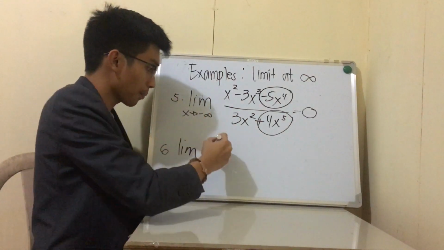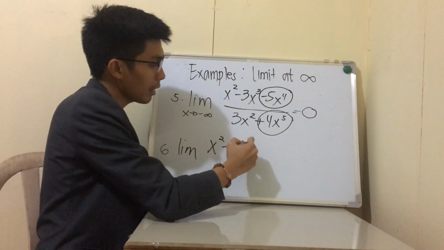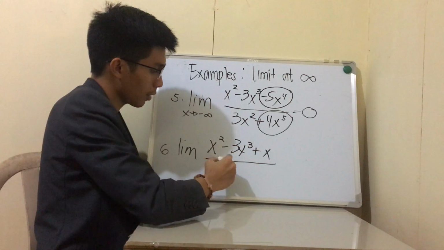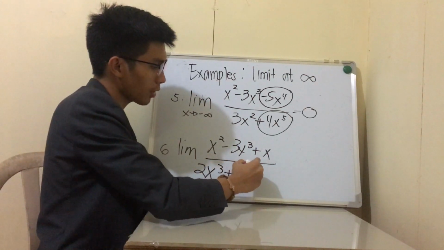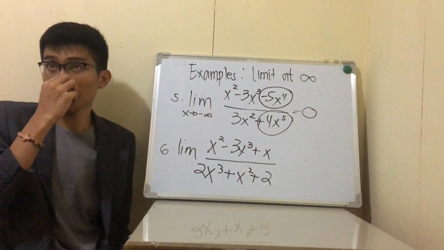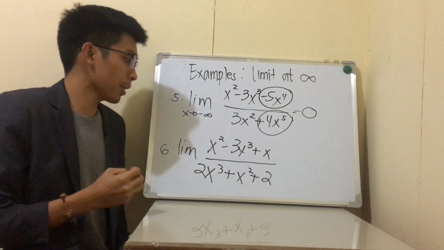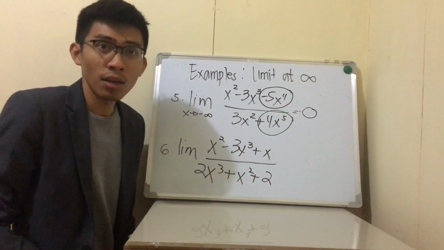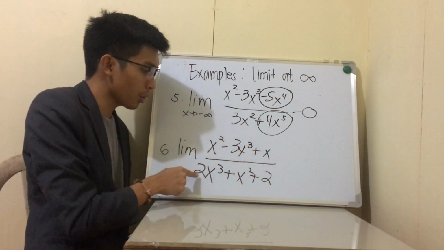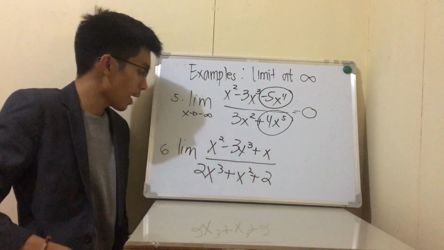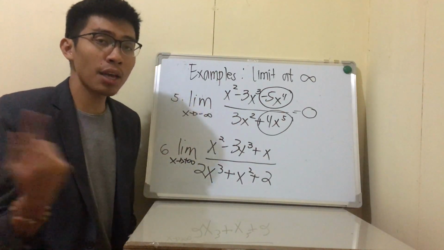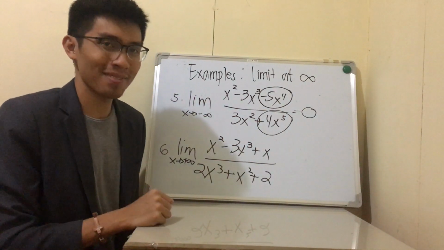The limit of (x squared minus 3x cubed plus x) over (2x cubed plus x squared plus 2) as your x approaches positive infinity. I'll give you 5 seconds to give the answer.